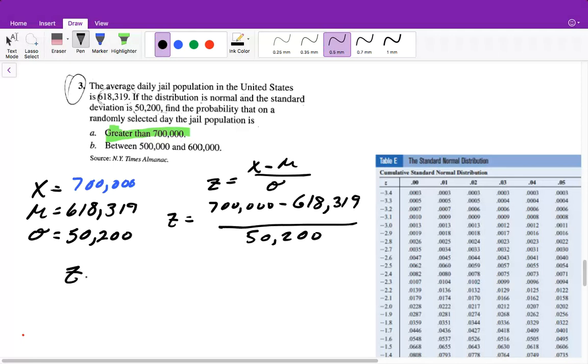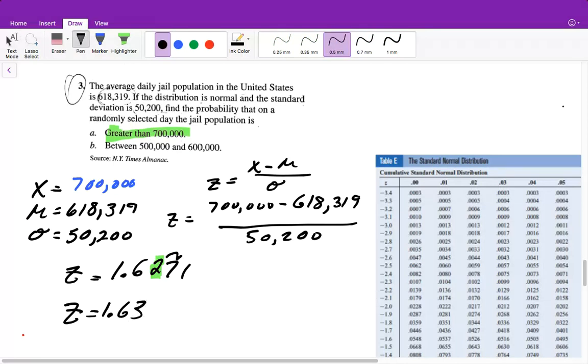So this will then give me a z-score of 1.6271. And once again, we need to make sure that we're rounding to our hundredths. So we will look at the value after that. Since that is a 7, this z-score rounds up to 1.63.